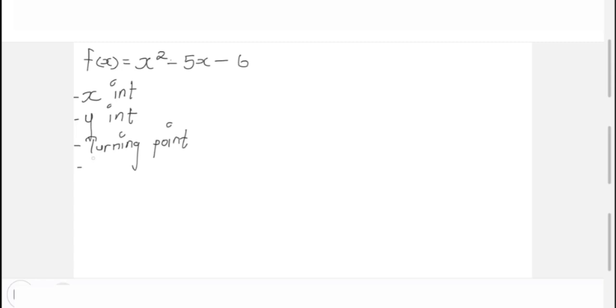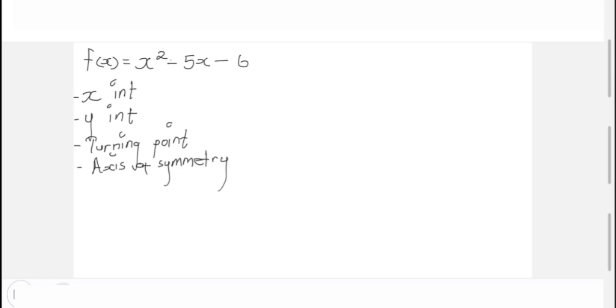And we also know that it has an axis of symmetry. This is all we need to know regarding sketching. The other properties like domain and range, we're going to talk about at the end, after we've sketched the function first.